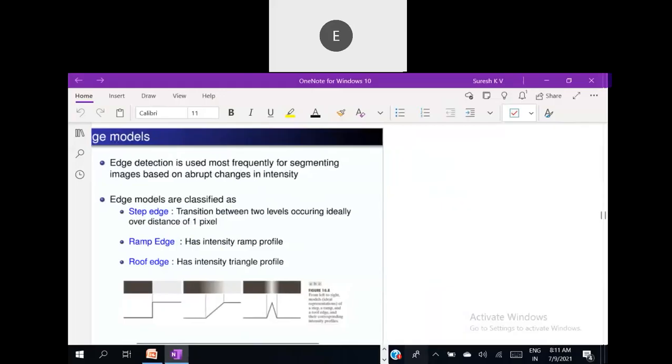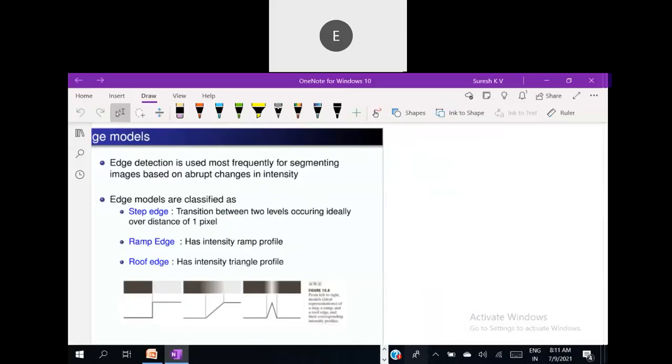As I said, for example, if I have a variation something like this, 10, 10, 10, and suddenly the value changes to 100. So you see that there is an edge here. Sorry, I'll make this as 0.